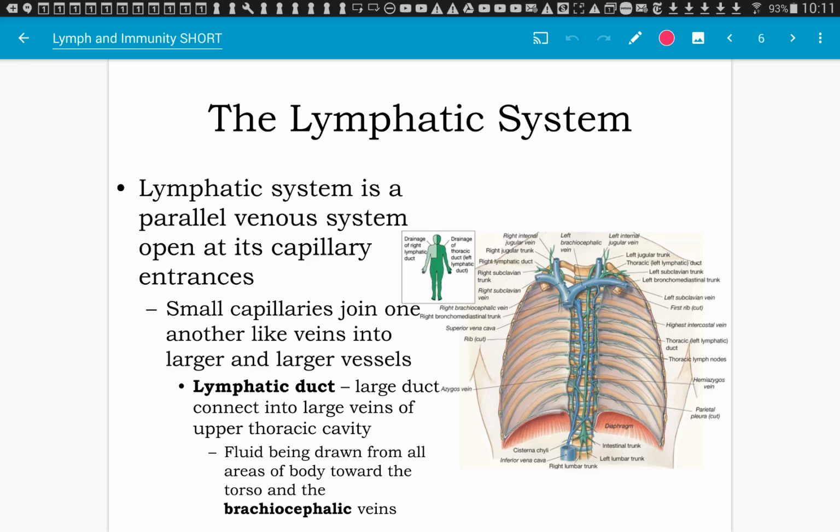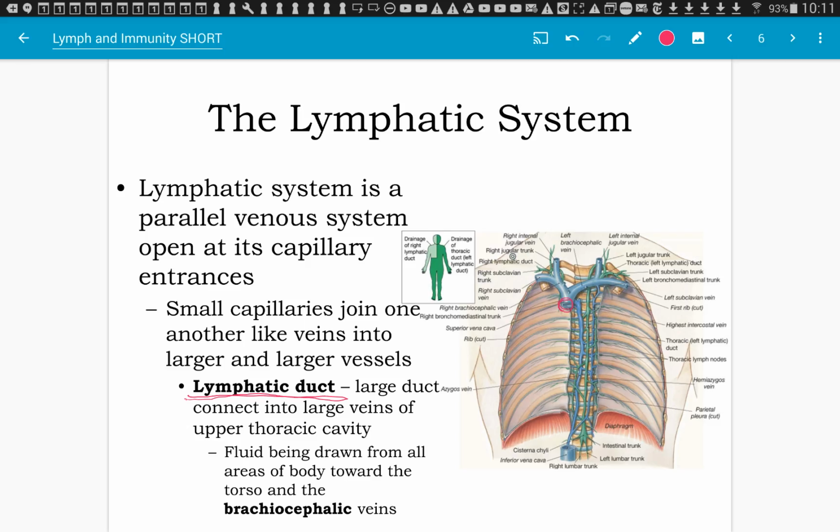Where it is dumped is called the lymphatic duct. Let's see if I can circle it. Right here is the superior vena cava, by the way. Where is the left lymphatic?